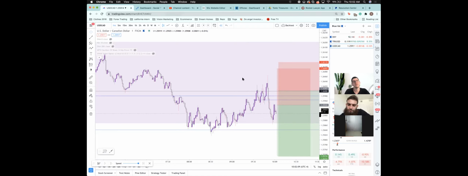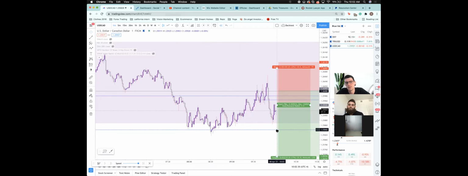I don't have a set rule of breaking even or pulling stops up. I honestly will just keep my eye on the trade, and if price isn't reacting the way I expect it to, then I'll close the trade or pull it up. I'm not necessarily doing it based on when it hits a certain target point.